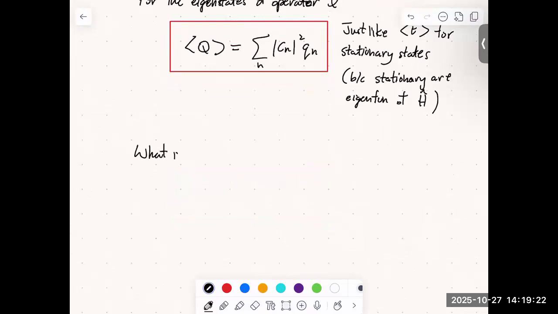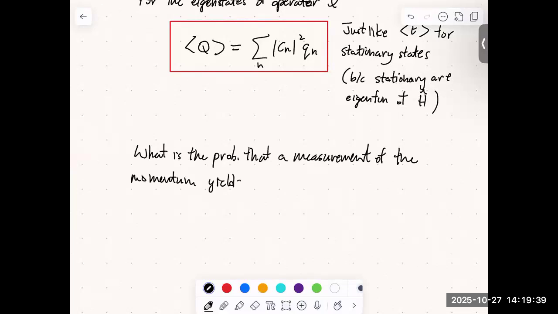So what is the probability that a measurement of the momentum yields a result in the range p to p plus dp?